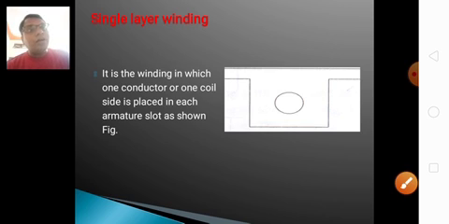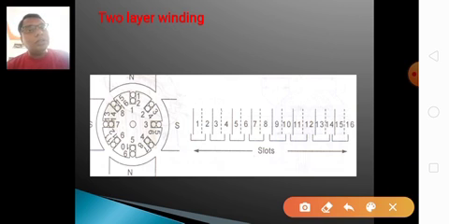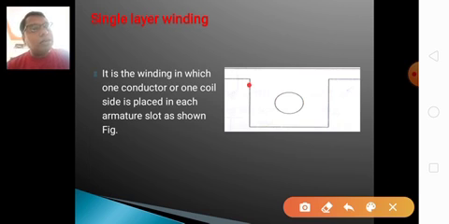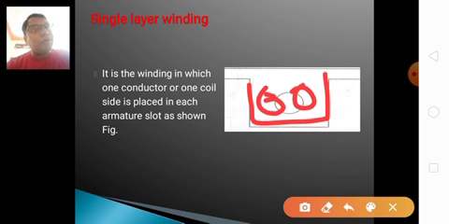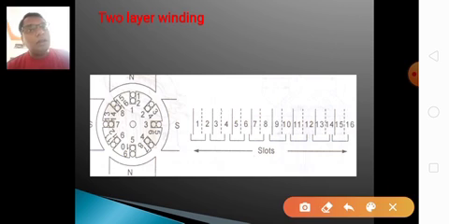Suppose in multi-layer or two-layer winding, each slot, see here, this slot, has two windings, two coils or two conductors connected. That is known as multi-layer winding.